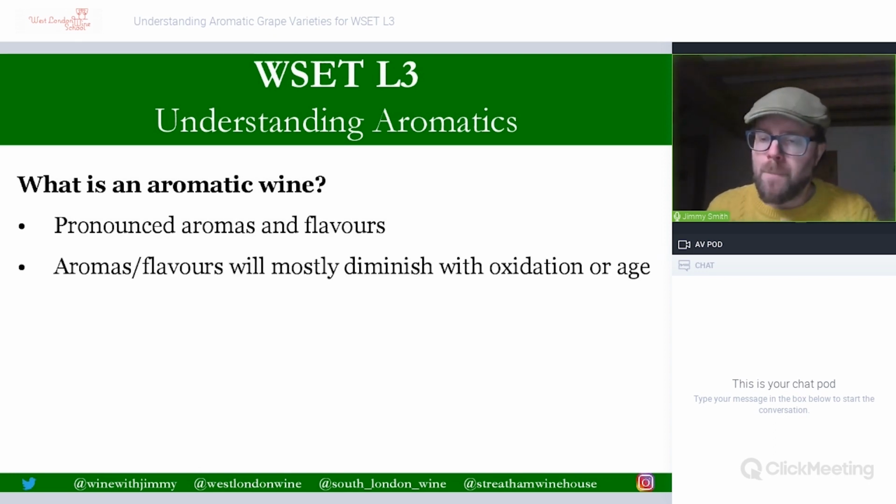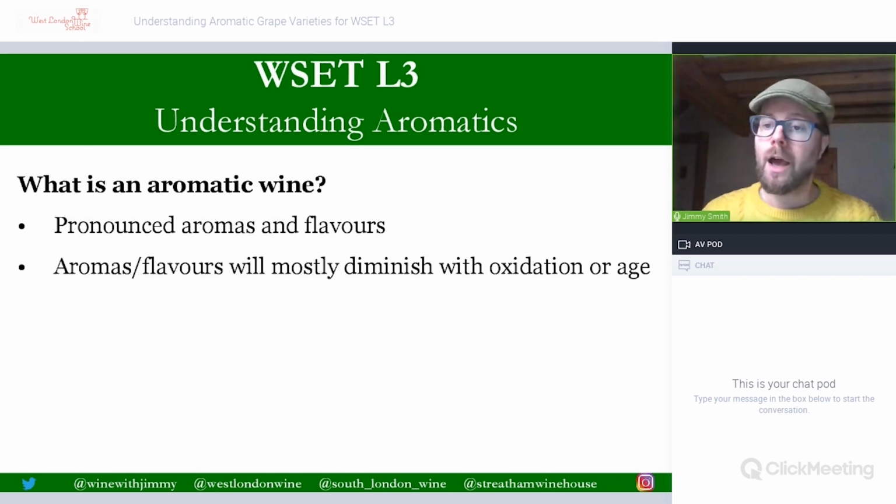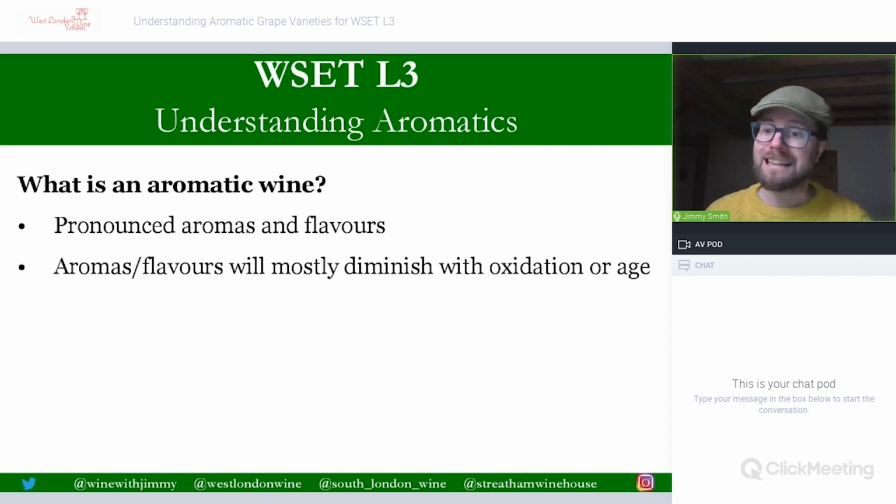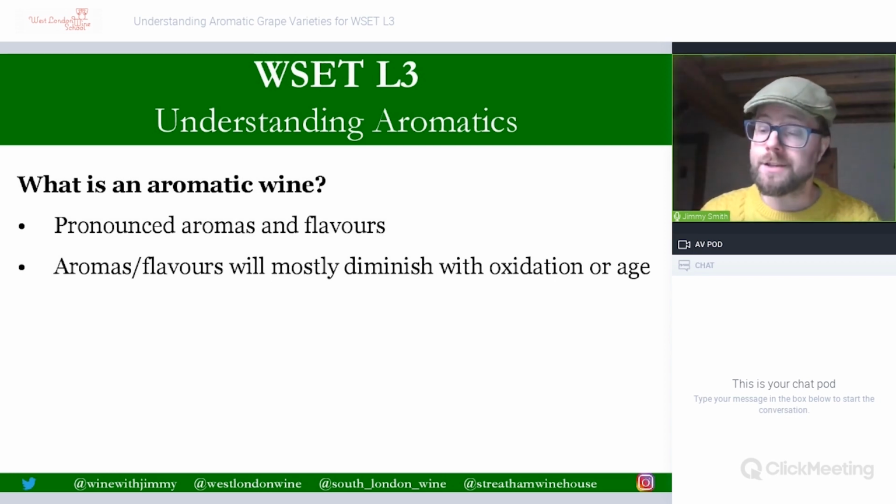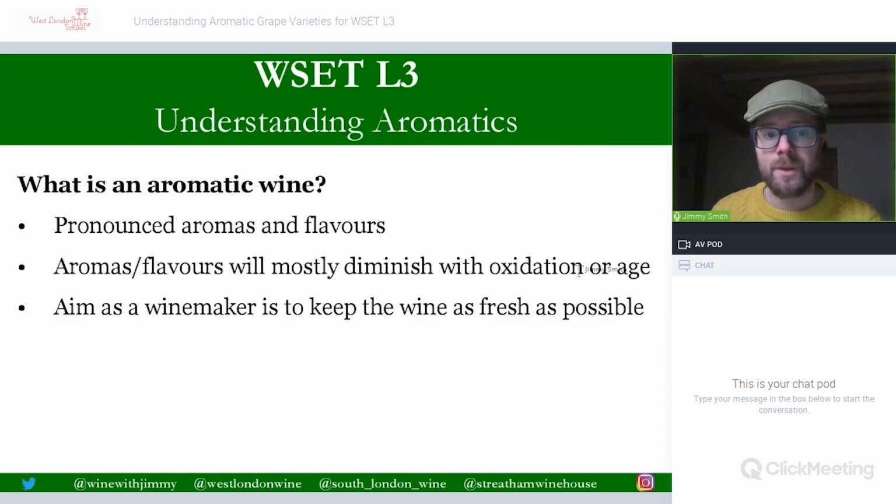They are very aromatic when they are made into a wine, but those aromatics will normally diminish or decrease with age or oxidation. Things like Sauvignon Blanc get less aromatic, so do Gewurztraminer with age or oxidation. So it's often quite nice to enjoy these wines quite young. Not always, but often that is the case.